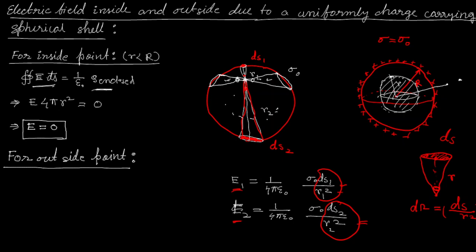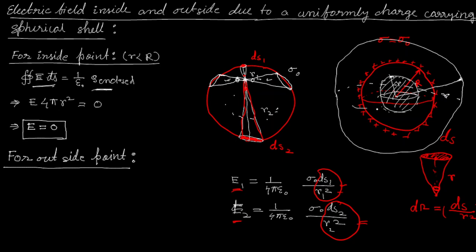So next, we have to connect this point with the center of the spherical shell, and then taking this distance as a radius, we have to draw a Gaussian spherical surface like this. And if we assume that the electric field on this surface is E, then according to the statement of Gauss law, we can write E dot ds equals 1 by epsilon naught q enclosed.